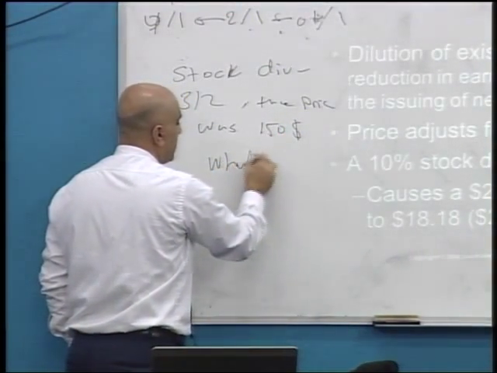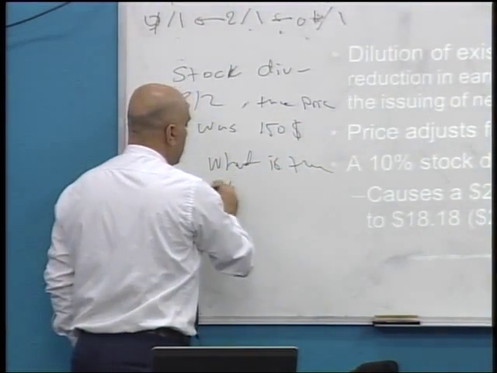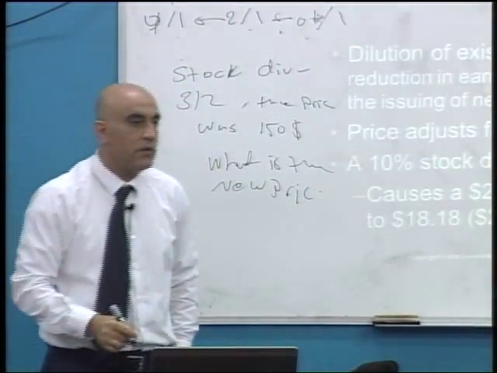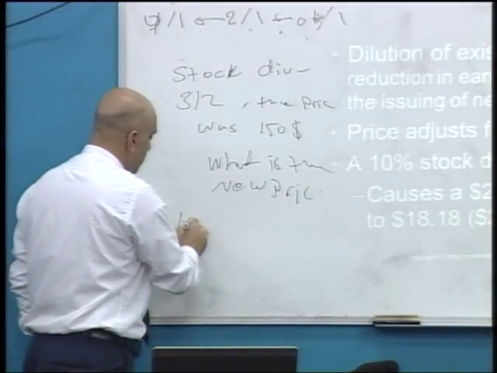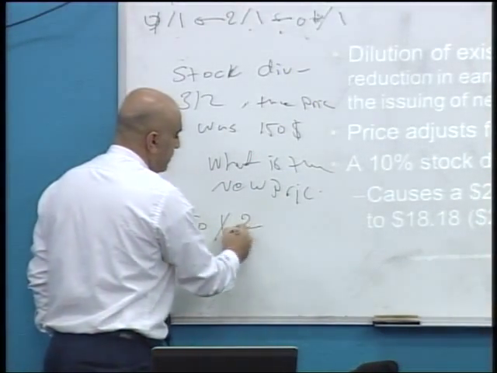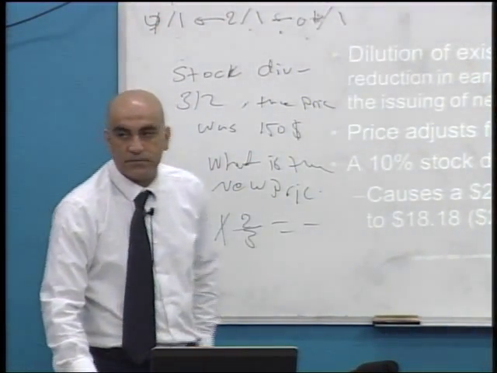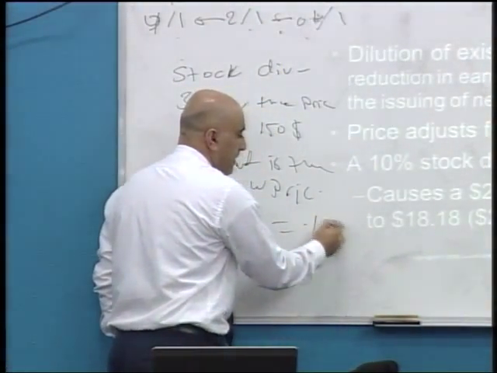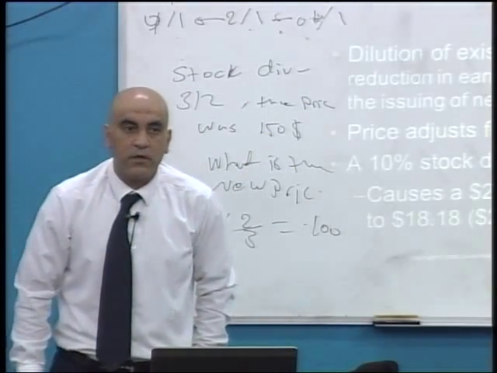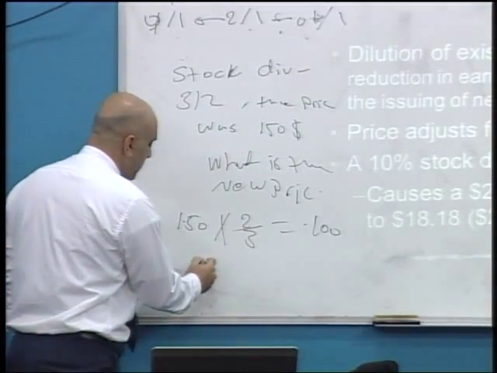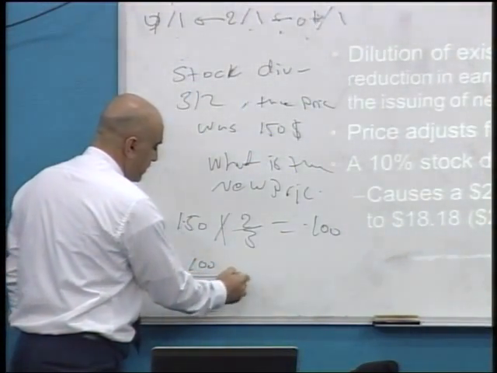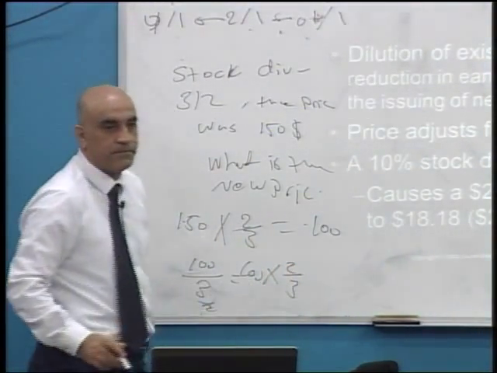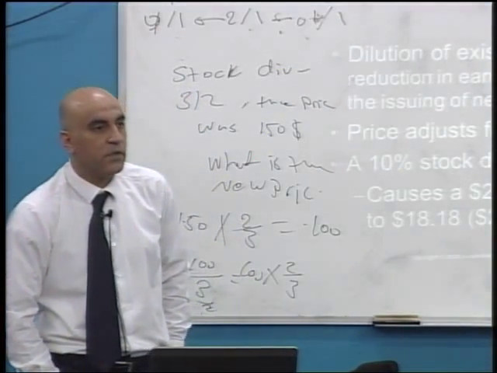What is the new price? 100. 100? Yes. 150 times 2 divided by 3 is 100. Or it's just 100 divided by 3 times 2, which is 100 times 2 over 3. It is the same.